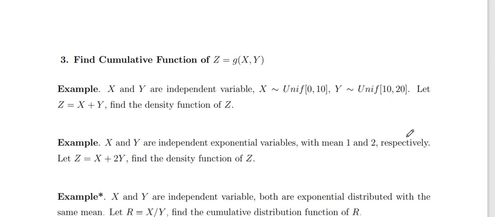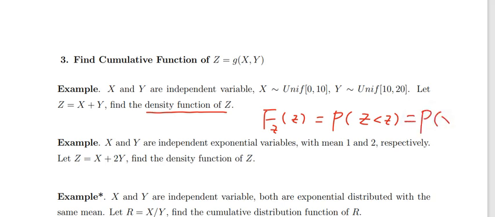So to find the cumulative function for some new variable, such a problem, like finding the density function for this new variable, we need to find the cumulative function first. The cumulative function is the probability that Z is less than z. So here, what is Z? It is a function of X and Y, say X plus Y, so we just need to find the probability that X plus Y is less than z.